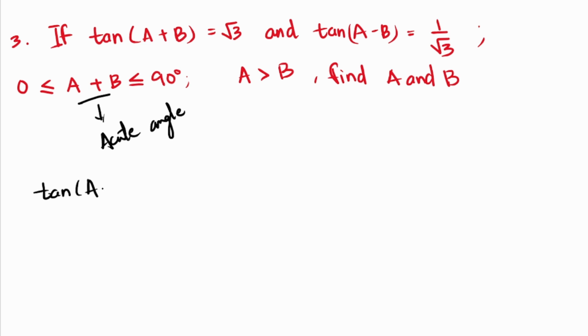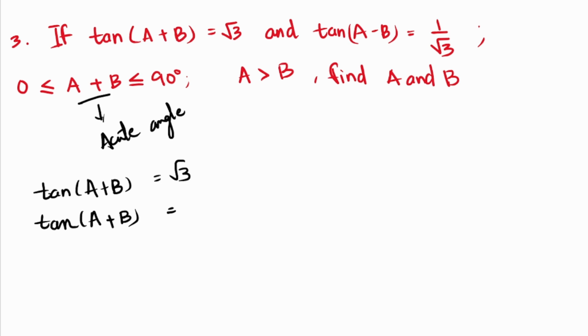Write tan A plus B over here. Now I want you guys to think, I have root 3 over here. How can we write root 3 in terms of tan? We already learned the trigonometric values of the ratios, right?